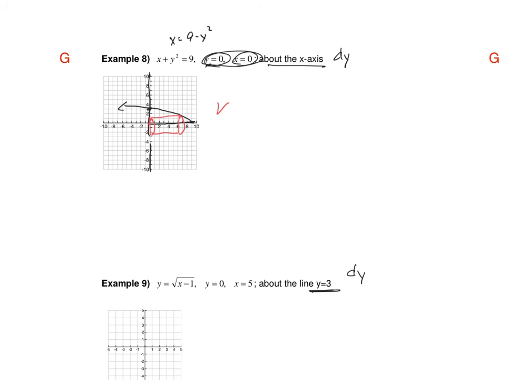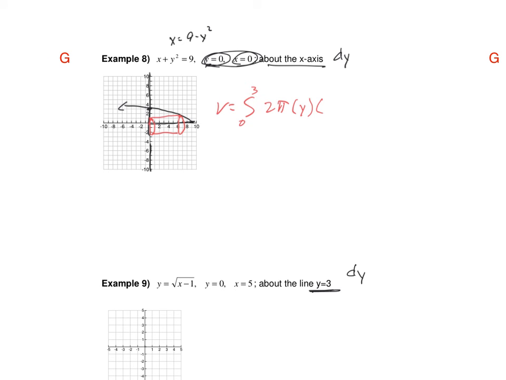All right, so then my volume is going to go dy. So if I'm going from 0 to 3, 2 pi, y is my radius, and then my height is dictated, right, by right minus left. So my right side is dictated by the curve, and my left side is dictated by x equals 0. So then it's just really the curve.